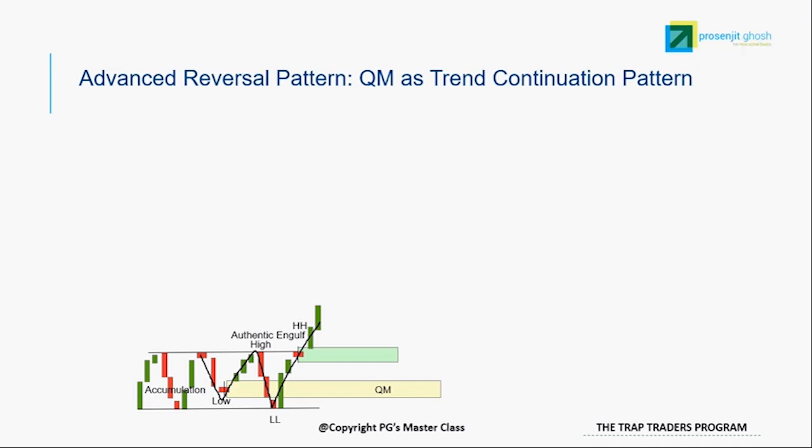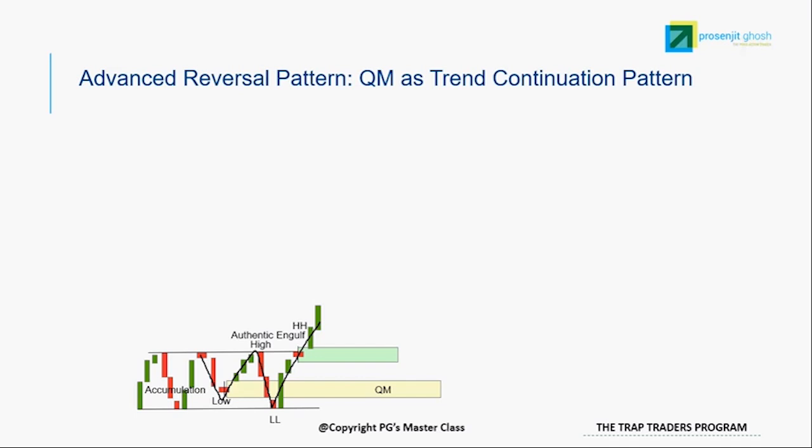What is the reason for reversing price from QM level? Because it is a trap level, right? Which indicates that if it forms inside the accumulation, the demand is more than supply, right?